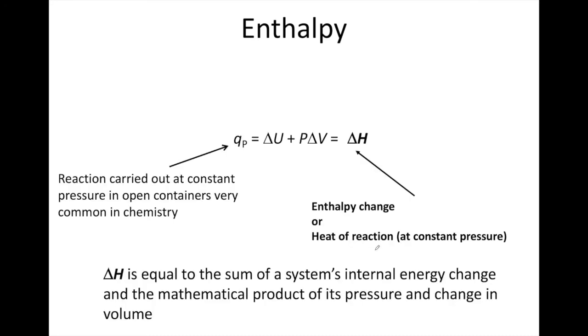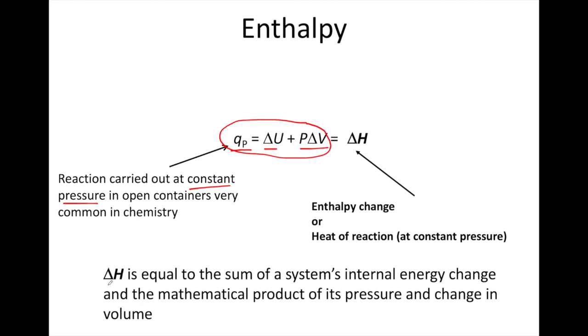So we haven't discussed enthalpy, so let's bring in enthalpy here. This is the equation that we were just looking at. If we are carrying out a reaction under constant pressure conditions, then the heat that's released is equal to the change in internal energy plus our pressure times change in volume, so the work that's done, right? Remember our definition of enthalpy from the beginning.